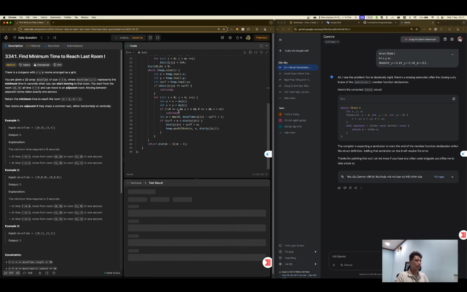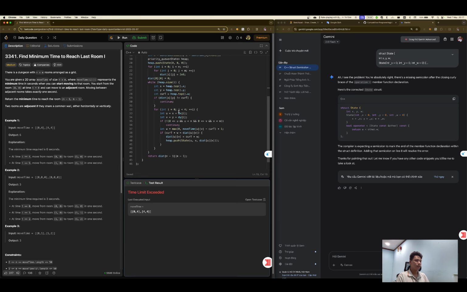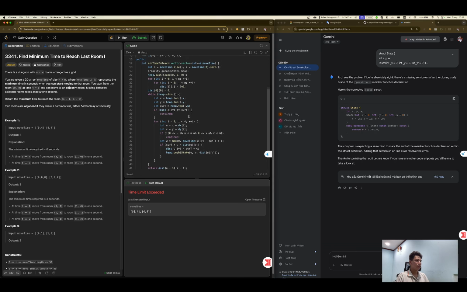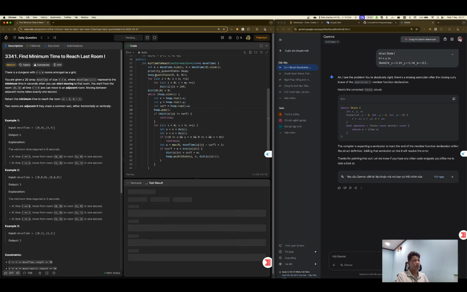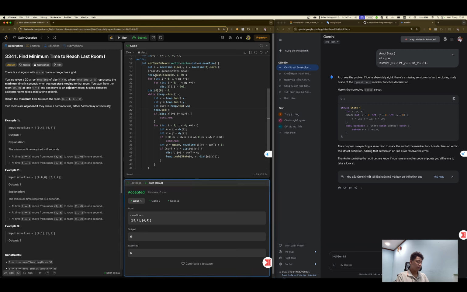It's a classic problem. I forgot to pop it out. Okay, I say this is a classic. No, you only need to use Dijkstra's algorithm to solve this problem. It can be easily solved by Dijkstra.